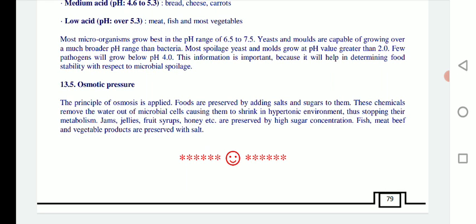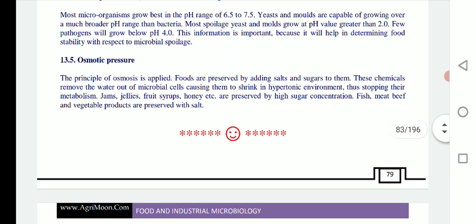In our home, every year we prepare pickles, and in pickles we add a lot of salt, and due to that salt the osmotic conditions are maintained and we can keep these pickles for a longer period, up to 8 months, 9 months, or even 1 year.